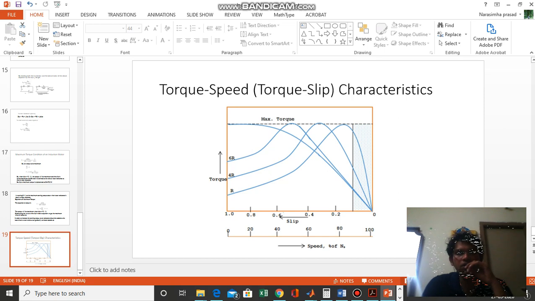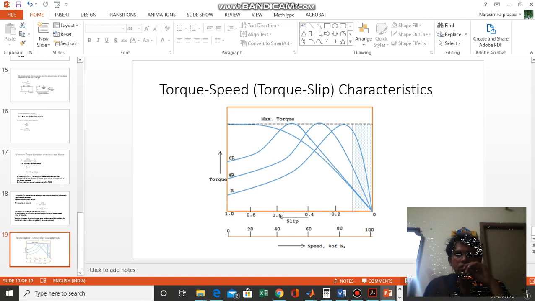If R2 increases, this maximum point shifts towards the left side, and if I keep on increasing the R2 value, the point keeps on shifting. At the point where R2 equals X2, the slip Sm equals 1, since the slip at maximum torque is R2 by X2.